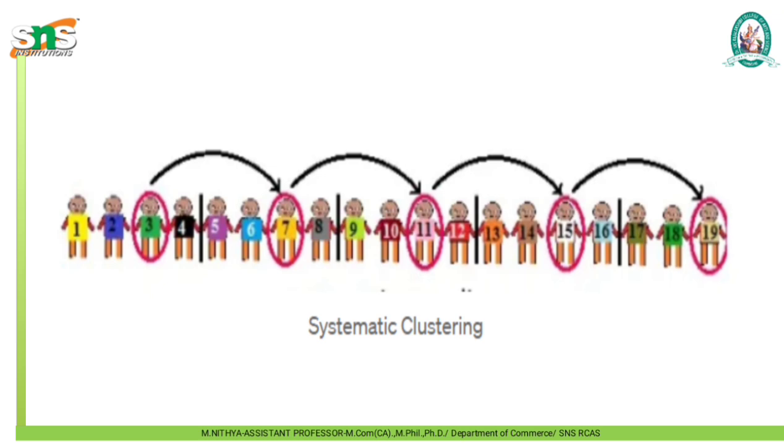The second method is linear systematic sampling. Linear systematic sampling is a method where the samples are not repeated at the end, and units are selected to be part of the sample from N population units. How is a linear systematic sample selected? Arrange the entire population in a classified sequence.